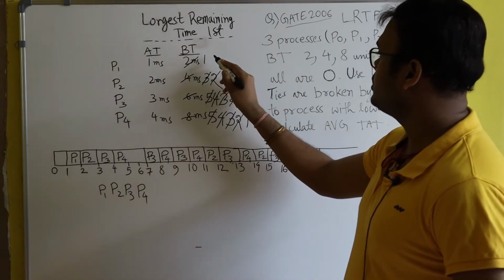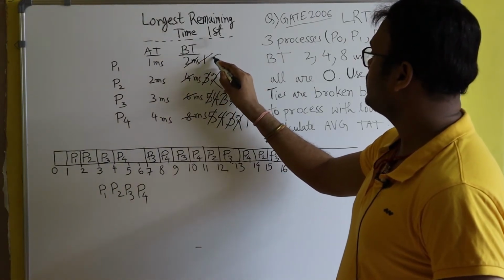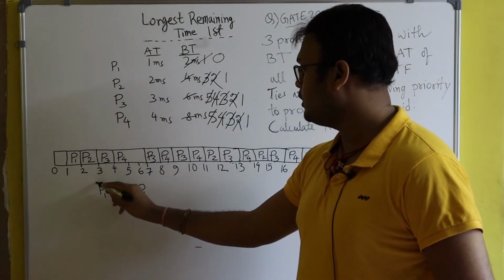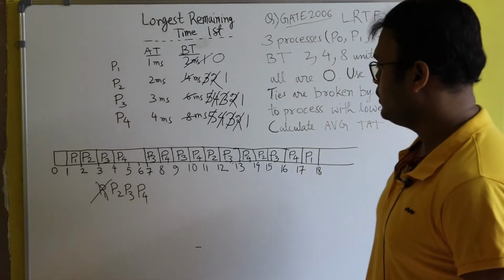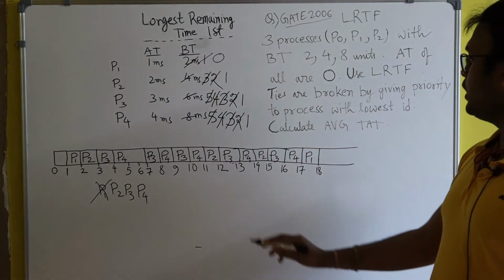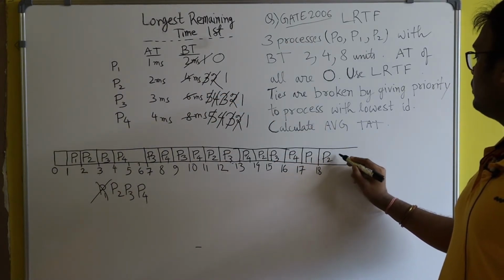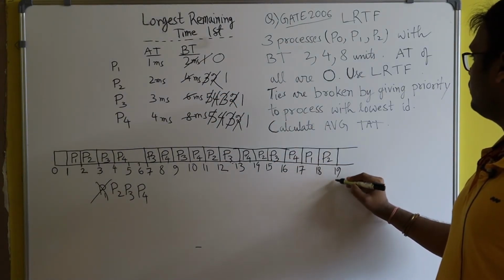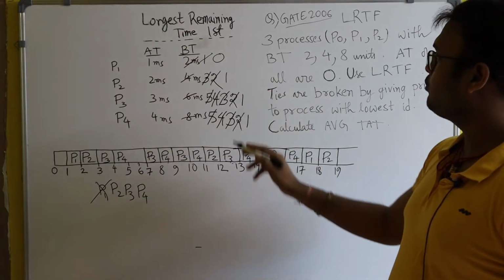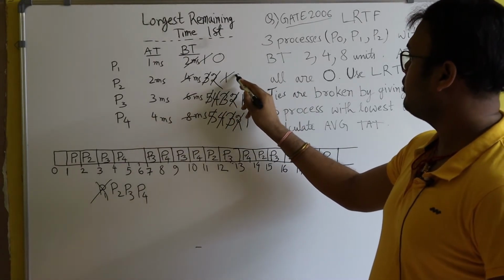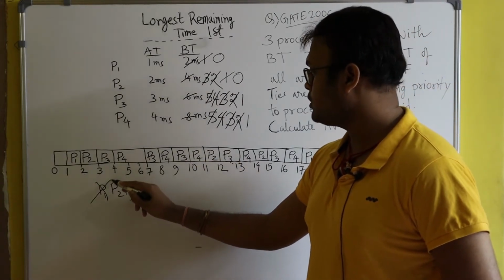Now process P1 is done. It had only 1 millisecond remaining. Fine. Now CPU will be given to process P2. 18 to 19. Now 1 millisecond is completed for process P2. So here I will write 0 and now process P2 is done.